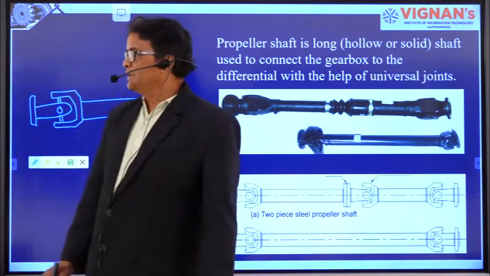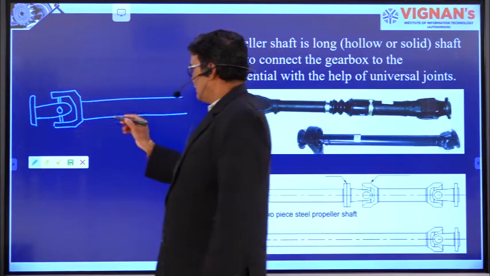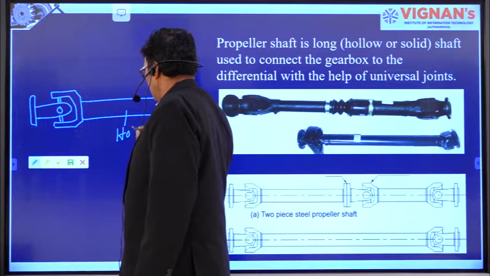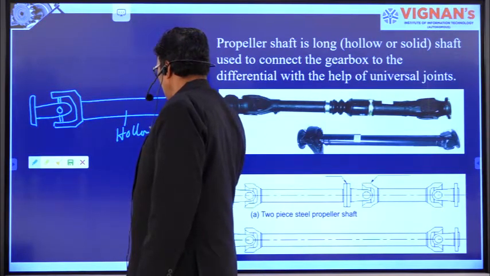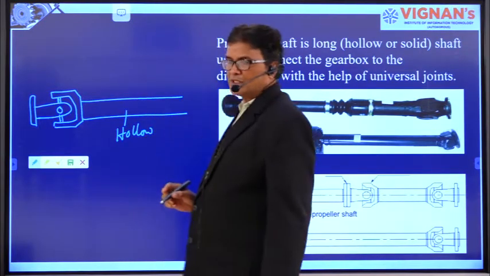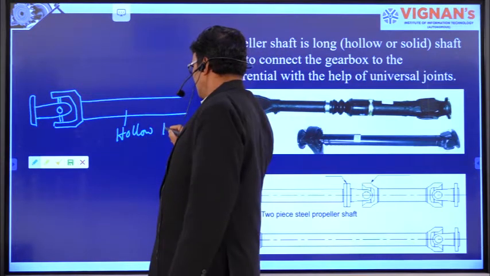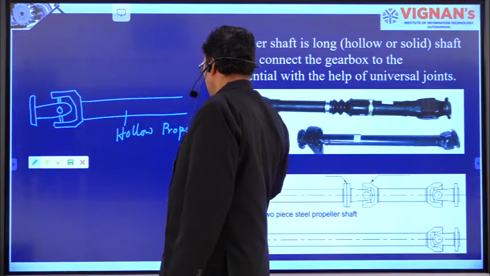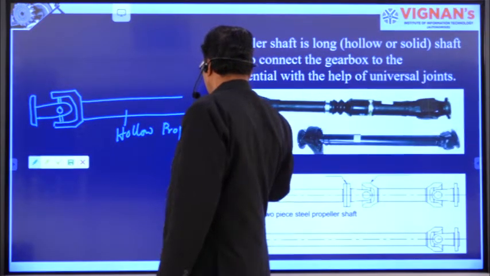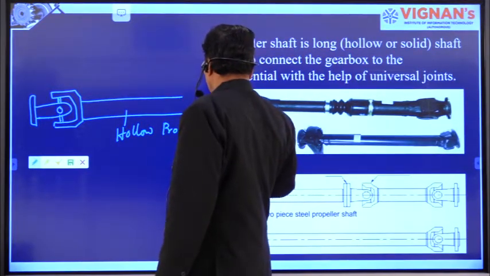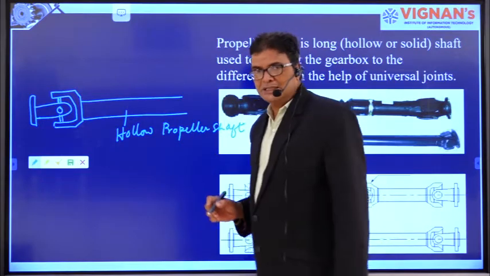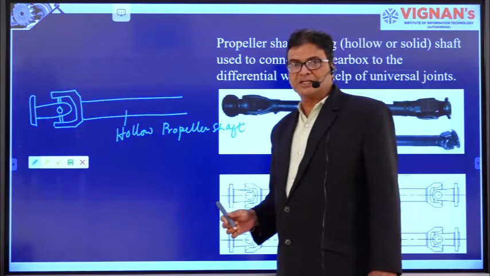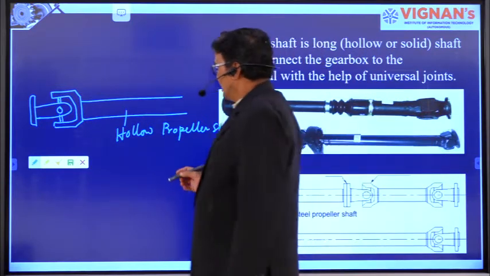Right? So here, this is the propeller shaft, a hollow propeller shaft, or we may call it a tubular propeller shaft also. Almost all Indian lorries and trucks make use of this hollow propeller shaft of single size.